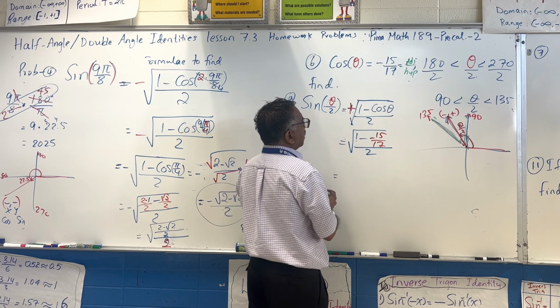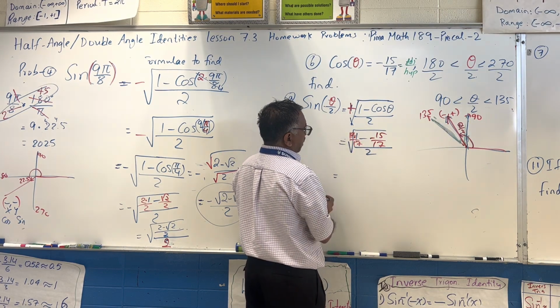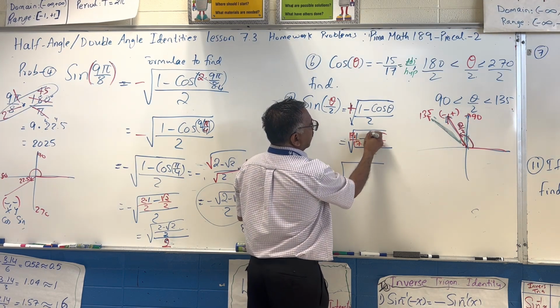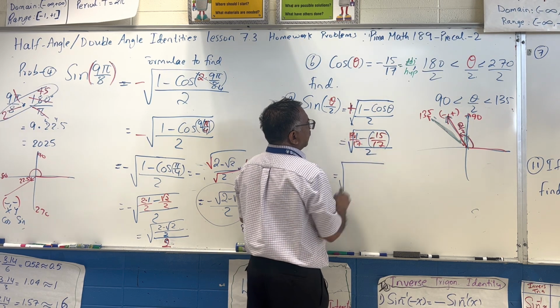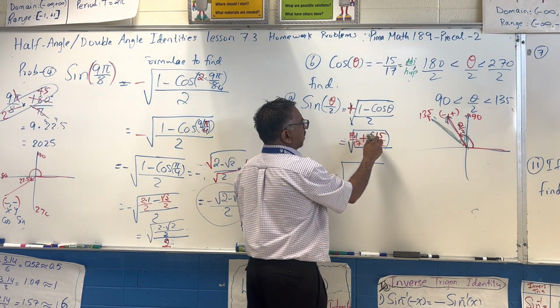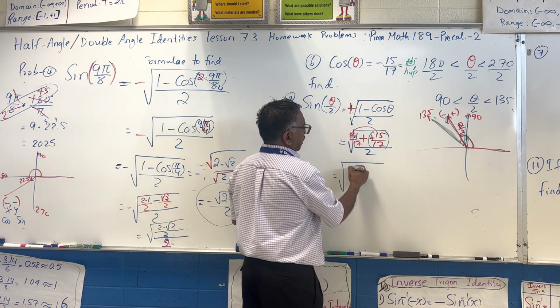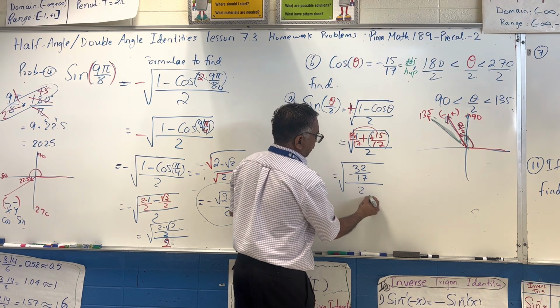This is 17, so I multiply by 17 and also divide by 17. You get 17 minus, the two negatives change to plus, so it is 17 plus 15, which is 32. So that's 32 over 17, divided by 2.